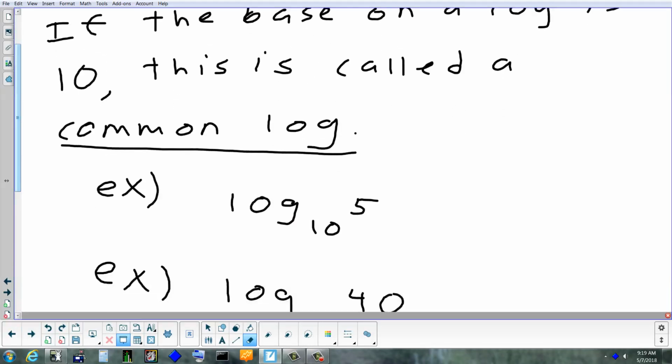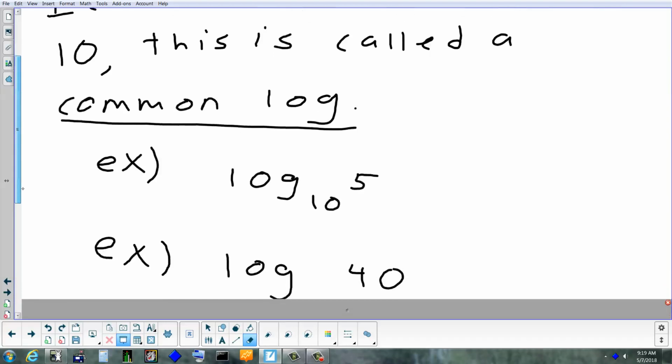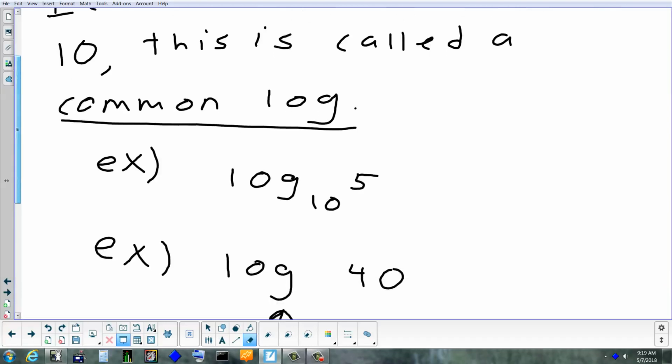You could also write it like that. What do you notice about the way I wrote it, the second log versus the first log? What's missing? No base. Yeah, there's no base. If you don't put a base, it's kind of like in algebra when you don't put a number in front of x. We know that there's something there.